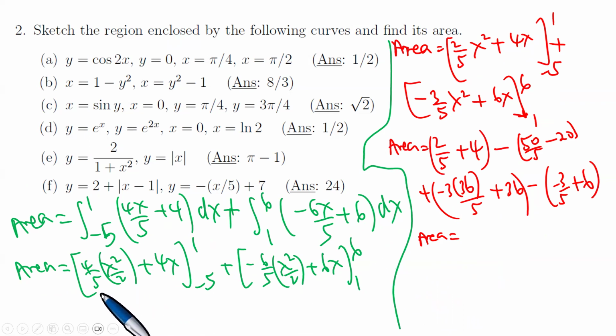Okay, so what do you have here? So the 2 divides here, giving us 2x squared over 5. So which means that minus 3 over 5 x squared plus 6x.